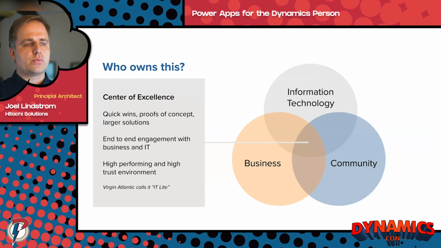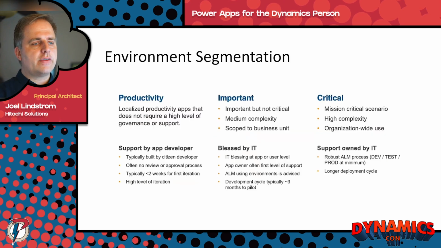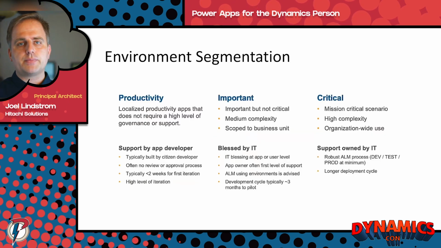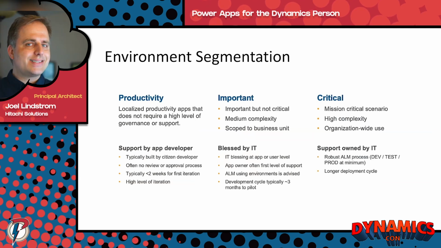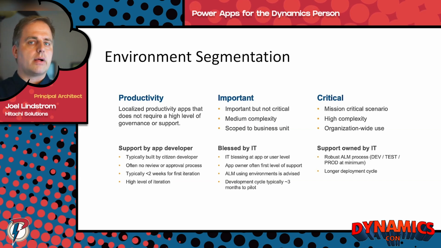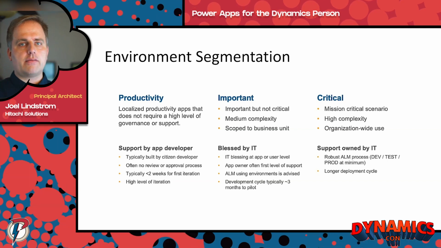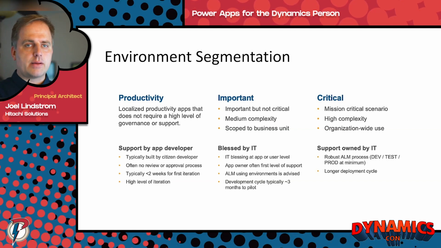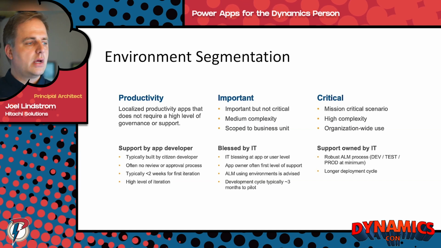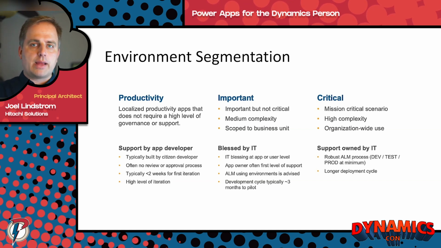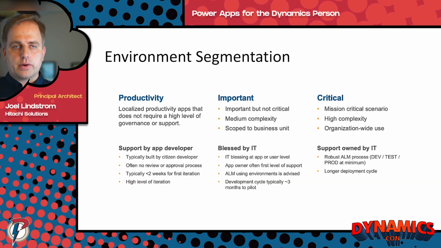And it kind of looks like this, where the best cases, the people who are most successful, have this all coming together. You're also going to want to revisit your environments, because most Dynamics people have a dev, a UAT, and a production environment. That's not necessarily the answer anymore. You might have that for your most critical apps, but for things that are, for example, personal productivity, things where people are automating something for themselves and two other users, those might not go in the same environment as your Dynamics.